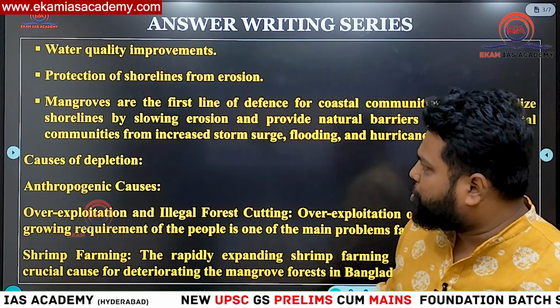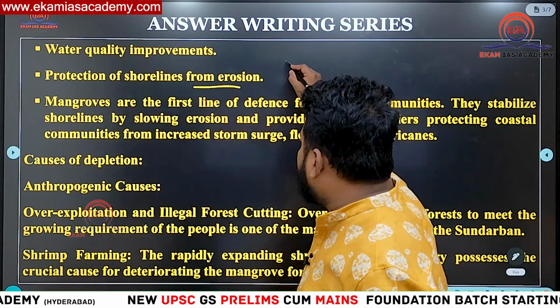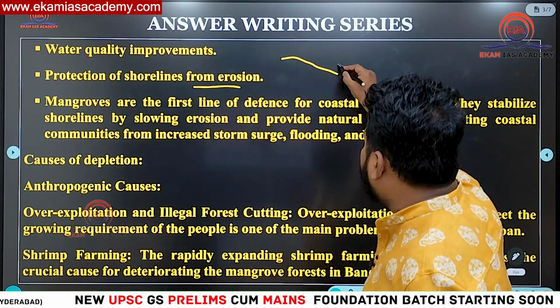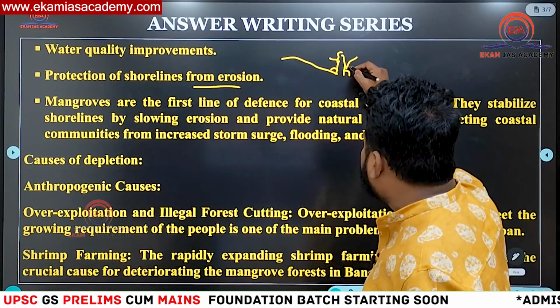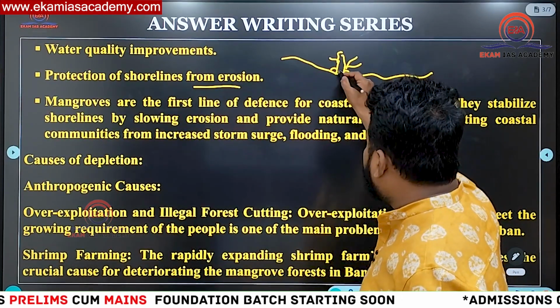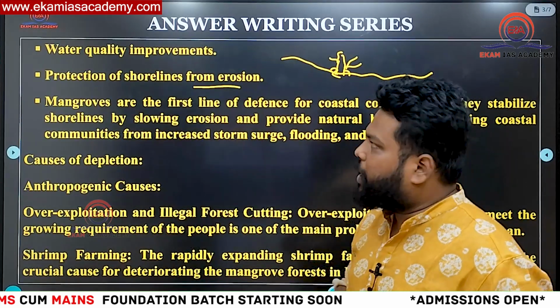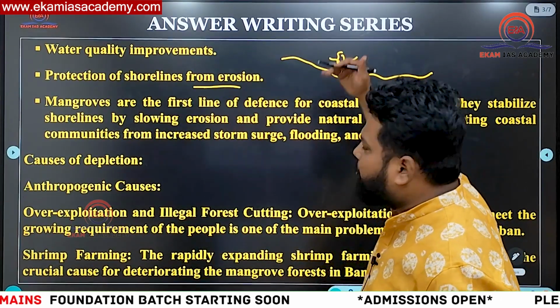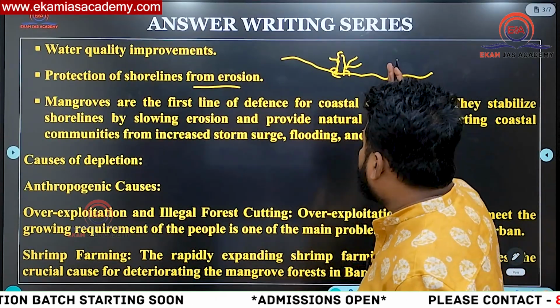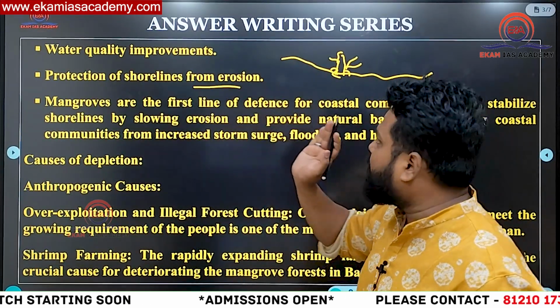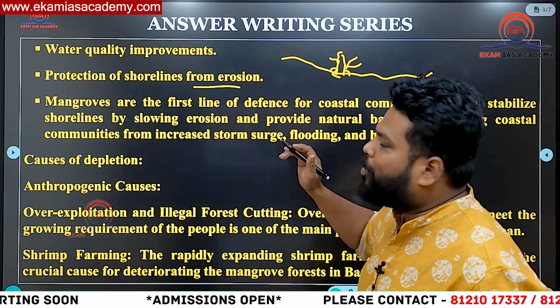And protection of shorelines from erosion. Wherever we have a shoreline, if along that region we have mangroves, then the waves which come with furious speed, these mangroves would be reducing the velocity of these waves, so that the water inducement which is happening along the coast would be reduced.